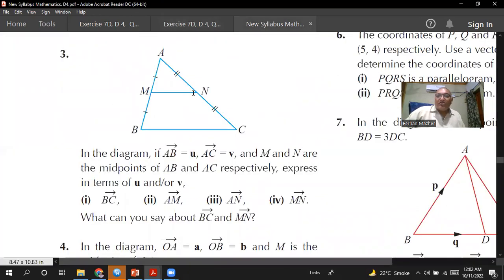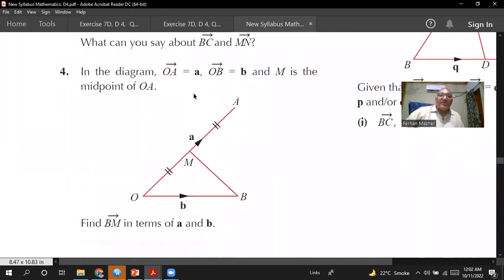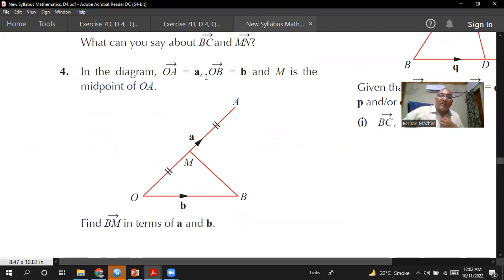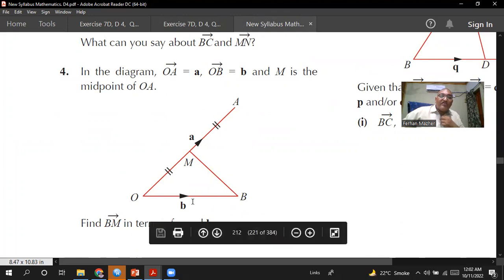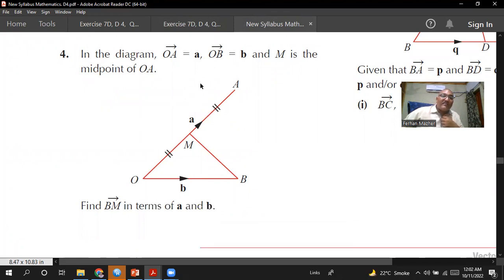Okay, so that was question number 3. So we are going to the next question, question number 4. It says in the diagram, OA from O to A is small a, O to B is small b, and M is the midpoint of the OA. So this is 1, this is 1, the total is 2 in terms of ratio, and this whole thing is small a.